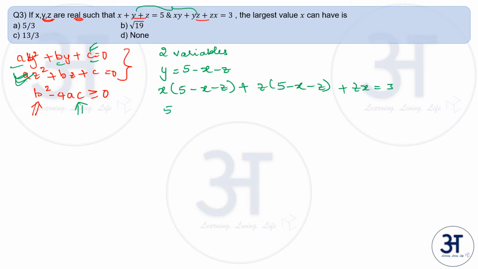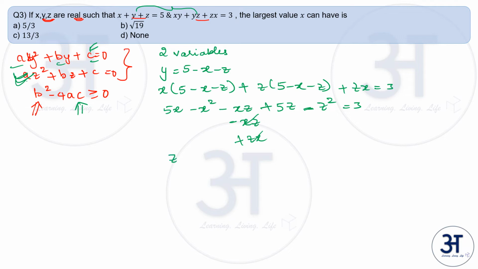So this gives 5x minus x square minus xz plus 5z, again minus xz, writing similar terms at one place, minus z square plus zx is equal to 3. Right? So plus zx minus zx you can cancel. So you will have something like this, and I'm comfortable with plus z square, so I will take everything to the right side, rather multiplying with the negative symbol.